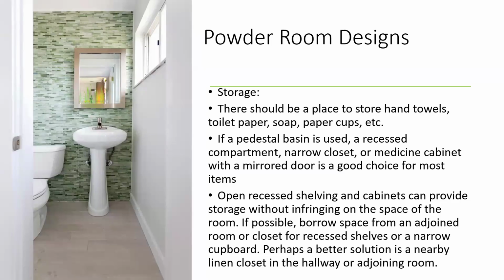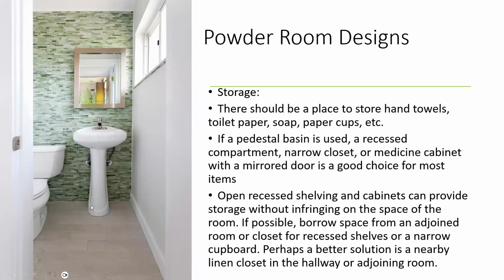So even though we don't have a tub in here, so we don't have to worry about big bath towels and shampoo and all that stuff, we still need to store hand towels, toilet paper, soap, and paper cups if you use them. That typically goes in the cabinet where the sink is located.